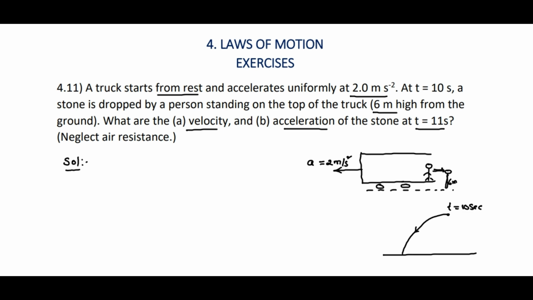Now, during the first 10 seconds, the horizontal component of the velocity Vx can be taken as u plus at, 0 plus 2 into 10, that is nothing but 20 meters per second.